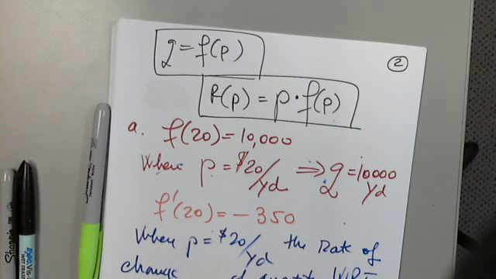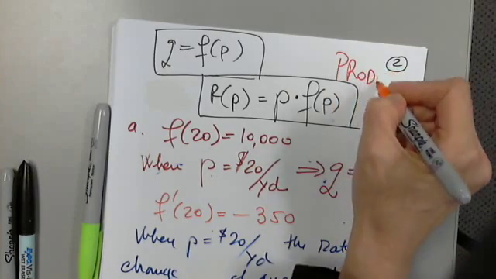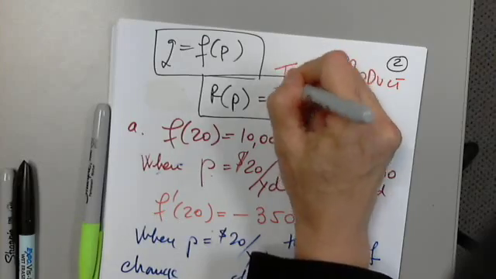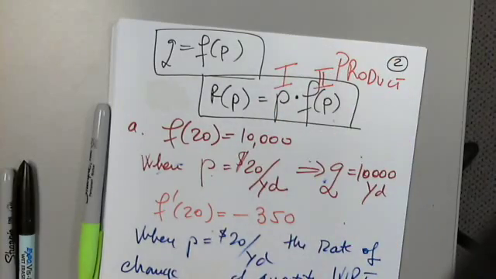Look at what we have on the right-hand side. It is a product. This is function 1 and this is function 2.